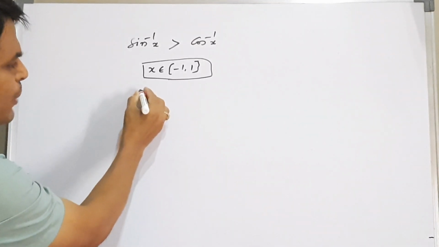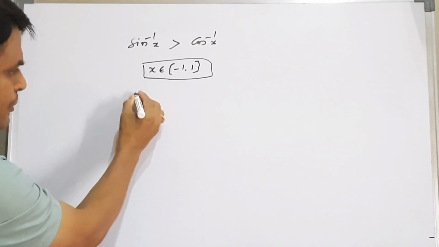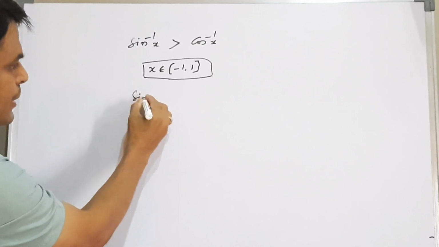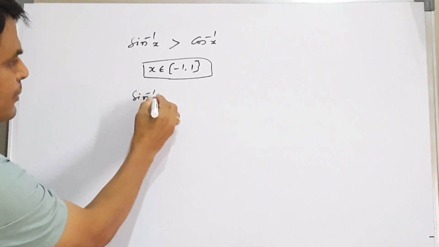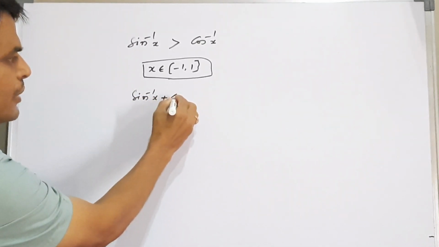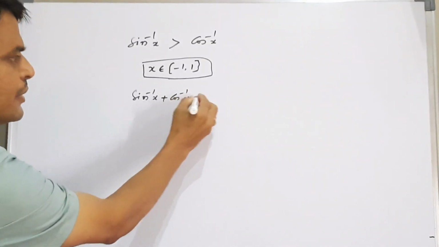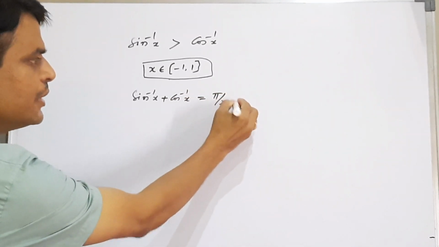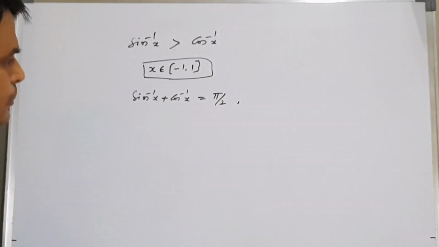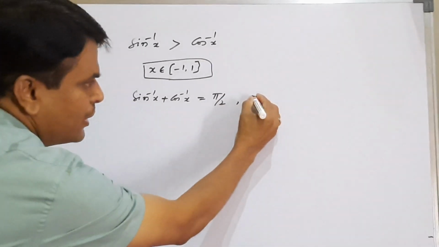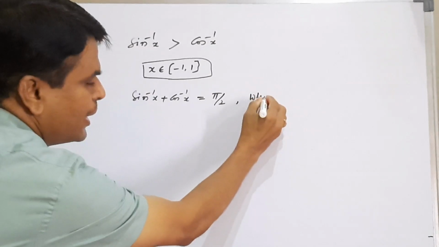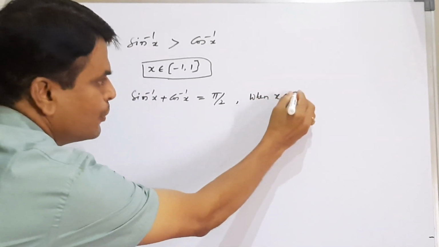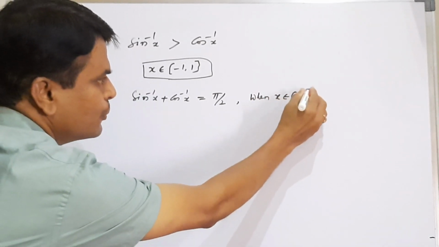Okay, now we know the relation between sine inverse x and cos inverse x, that is sine inverse x plus cos inverse x is equal to pi by 2 when x belongs to closed -1 to closed 1.